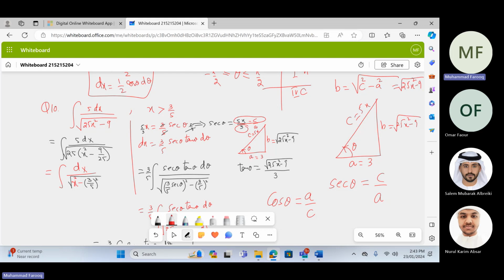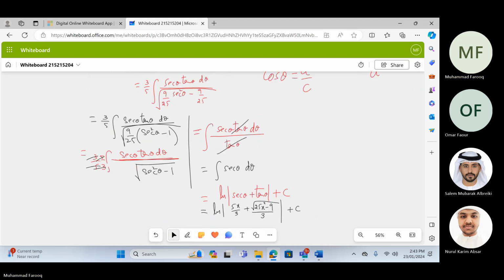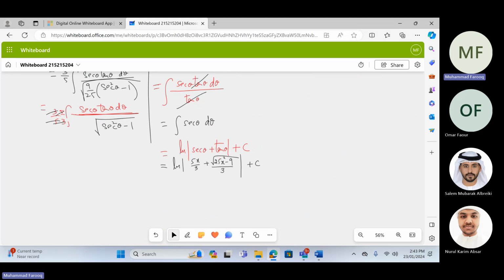Now we have A, B, and C. What is the requirement? We need tangent, because in my answer I have tangent. What is the tangent formula?